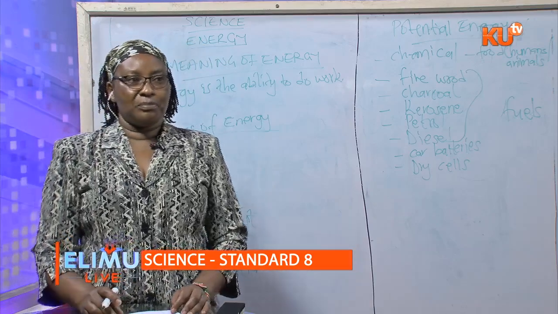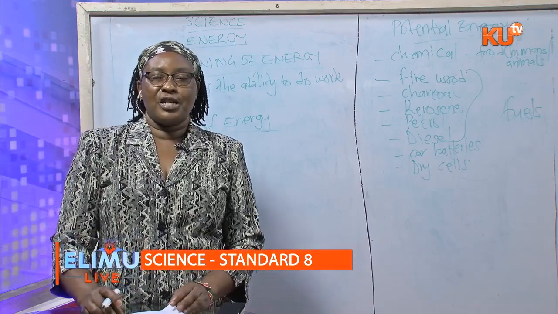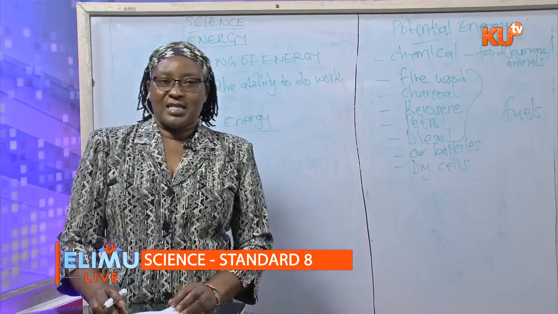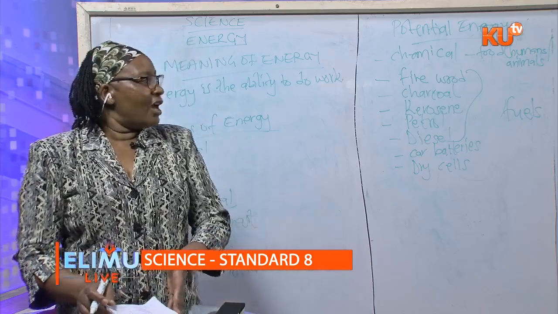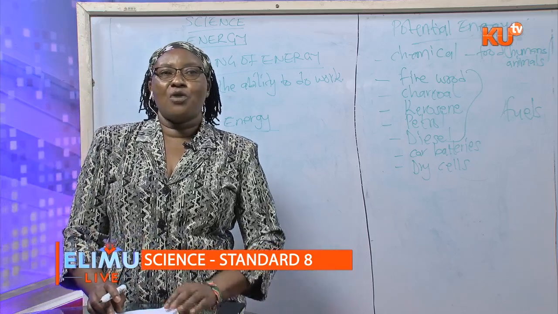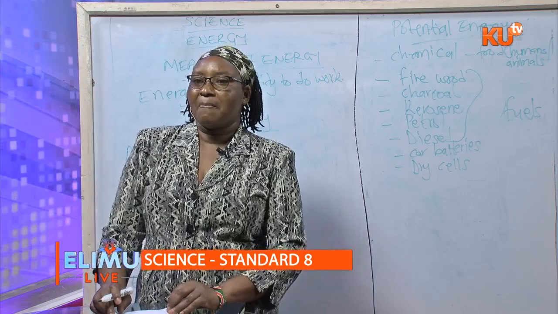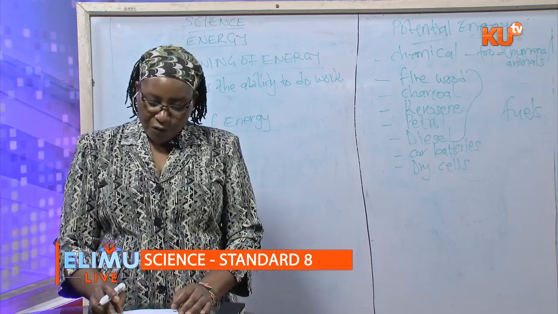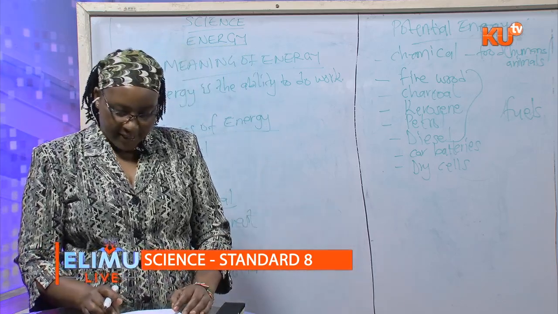So we feel warm. Or maybe you are feeling cold and you are in a sweater or a jacket, but when you eat your food, now you feel warm and you remove that sweater. This is because your body has produced some heat from the food that you have taken.